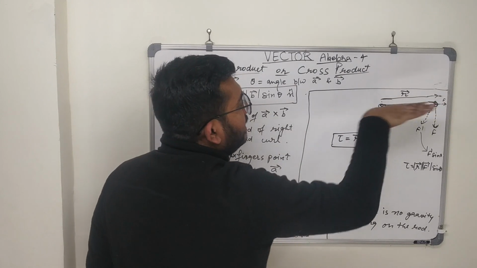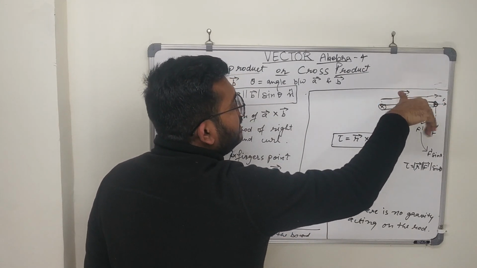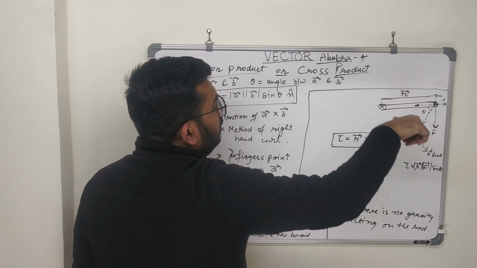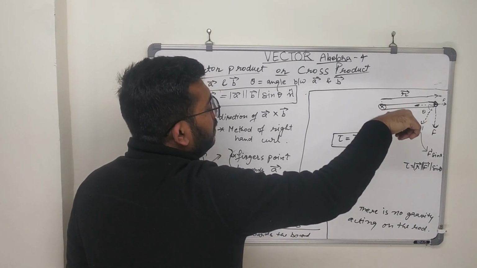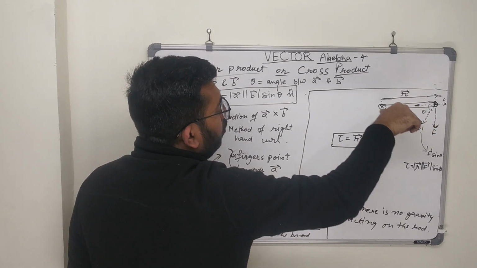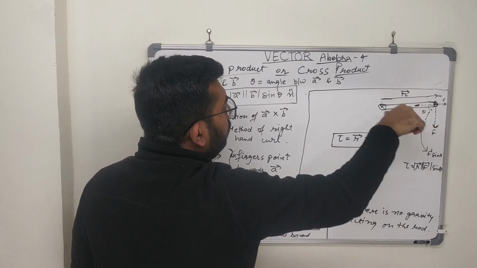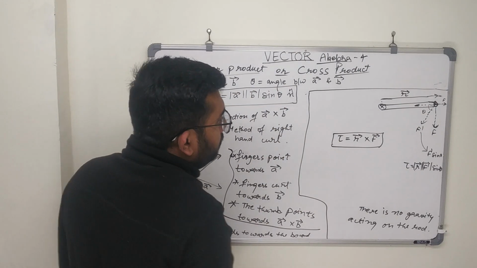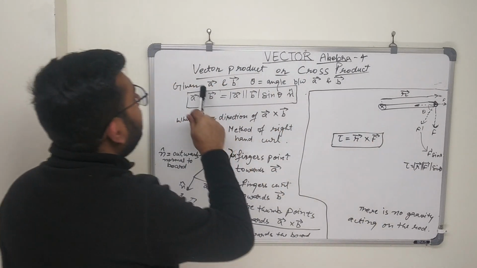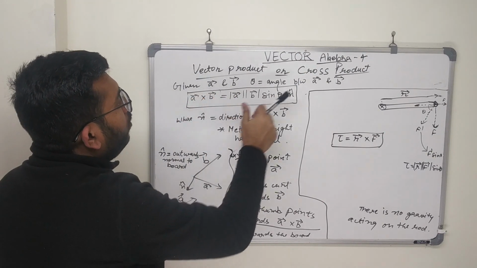Suppose that this is the direction of r vector and this is the direction of f vector. So in this case the torque will be applied, या यूं कहें the direction of torque will be normally inwards the board. So with the help of this we could easily understand the vector product or cross product.